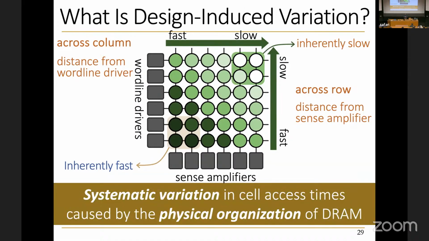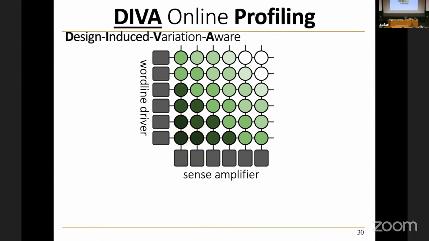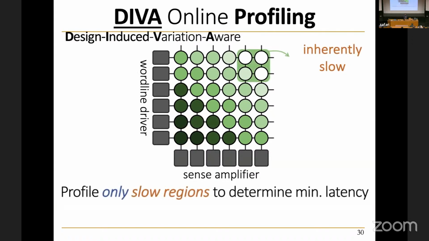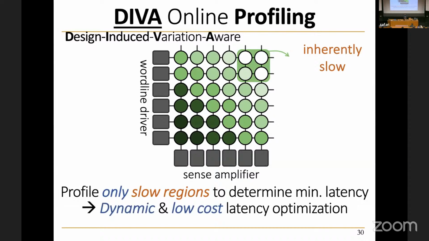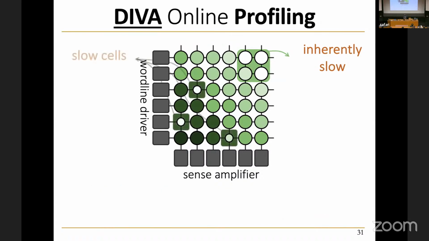So the systematic variation is caused by the physical organization, basically. So this paper proposed online profiling, DIVA. It profiles only the slow regions to determine the minimum latency, and it provides a dynamic profile and low-cost latency optimization.